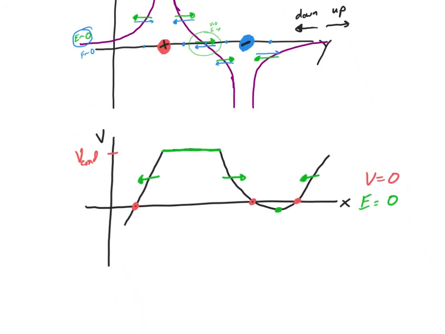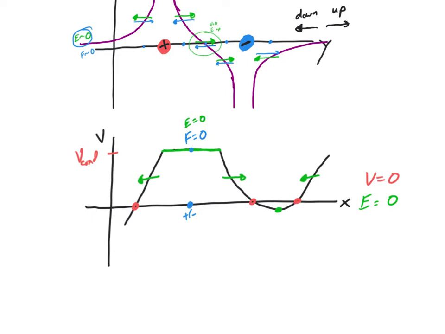The only thing I'm going to note here is if I put a charge here, and there's no electric field in that region, then the force on whatever charge I put here, whether it's positive or negative, the force will be 0 because the electric field is 0 at that location.